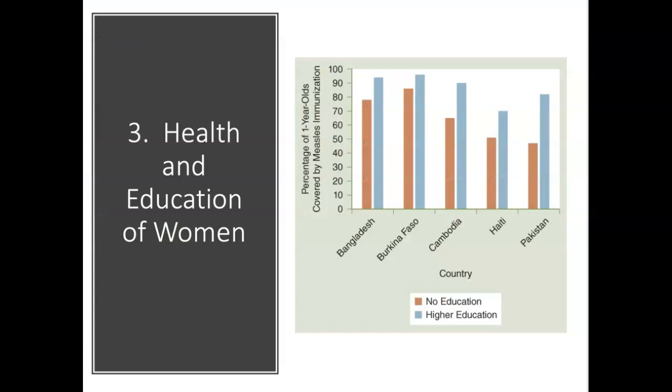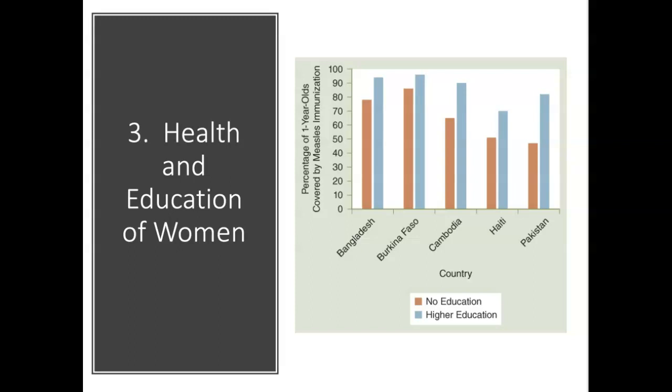Number three is all about the connection between health and education. If individuals are educated, they tend to be healthier. But what I want to talk about here is the strong correlation between the mother's education and the health of the mother's children. There's a strong predictor that if a mother is educated, the children will be healthy.